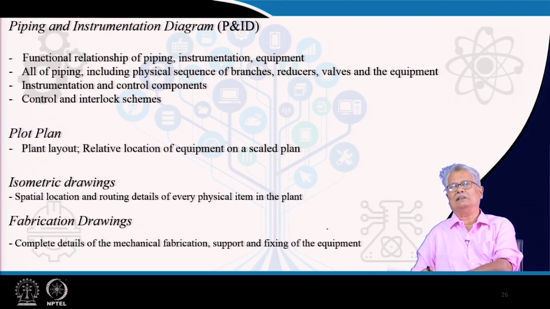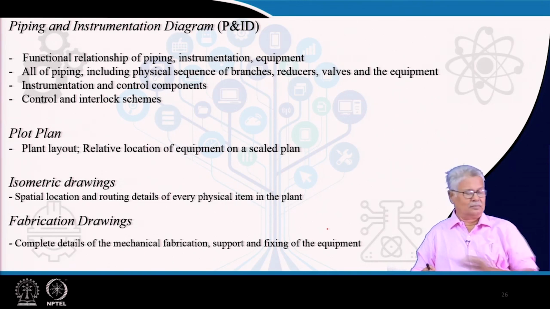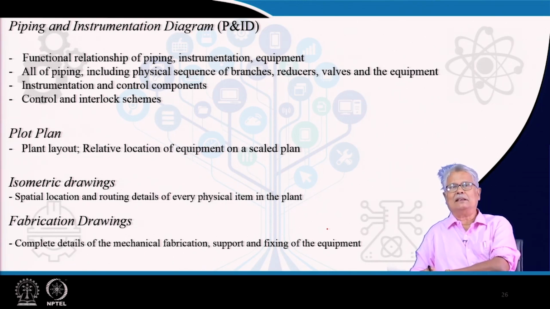Now, how to document these? This is done in a document which is called the piping and instrumentation diagram, or P&ID. The P&ID definitely shows the functional relationship of the piping, instruments and the equipment. All piping, including safety and any emergency handling facility, is also shown.